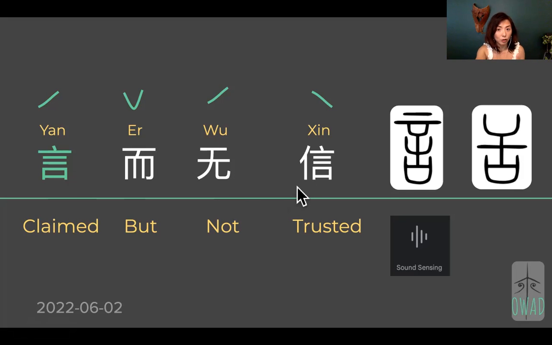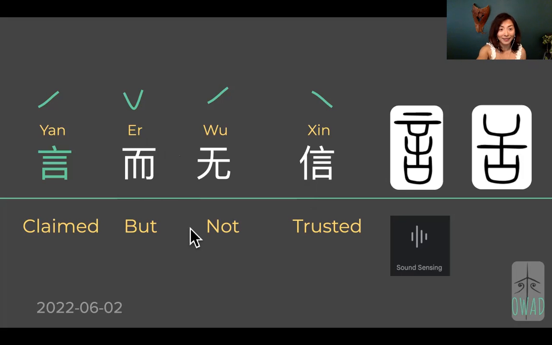It's not trusted. So it's a negation of what you're supposed to be, a twist of the meaning. Naturally, logically, in this context, this character has to take the meaning of 'but', not 'and'. So you claim something, but you're not trusted.